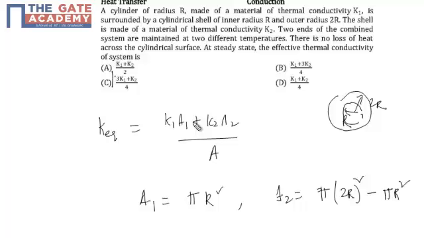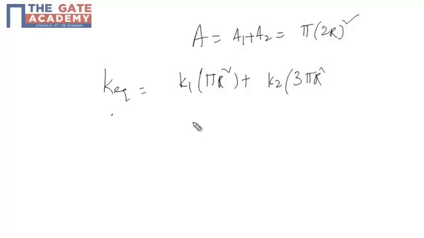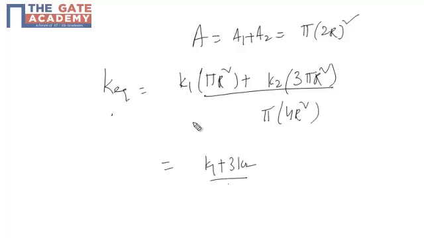If I substitute everything in this equation, K equivalent is K1 into pi r square plus K2 into 3 pi r square, divided by pi 4r square. So we get K1 plus 3 K2 by 4.